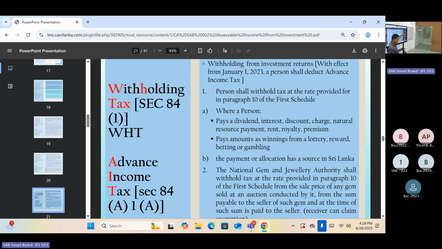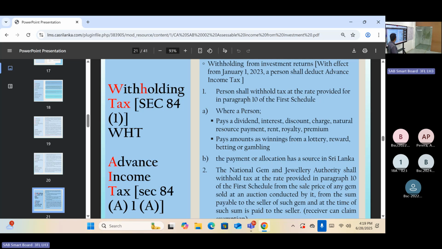What we are discussing is investment income. Those income categories are there. Pays an amount winning from lottery, reward, betting or gambling. That is also part of investment income. So that's why it's called advance income tax on investment return.